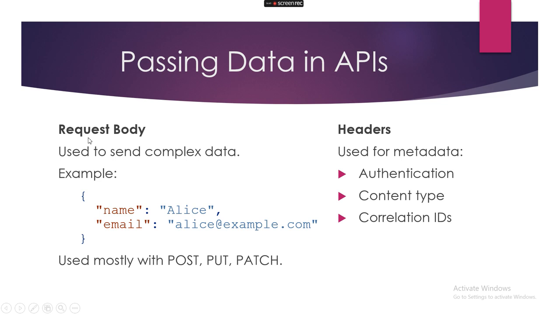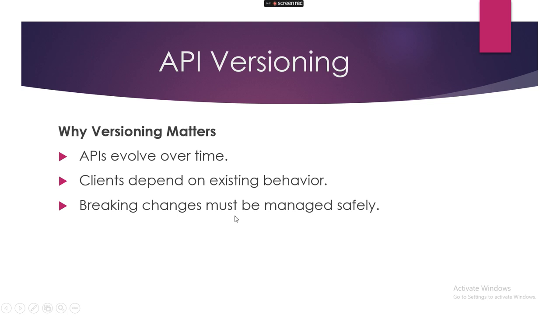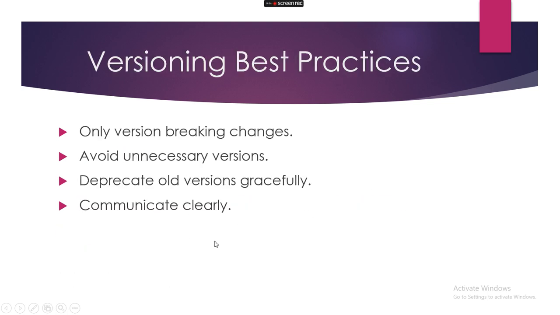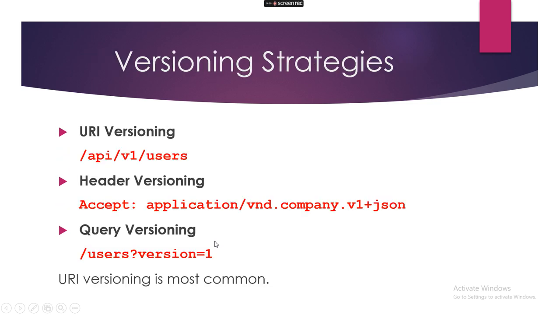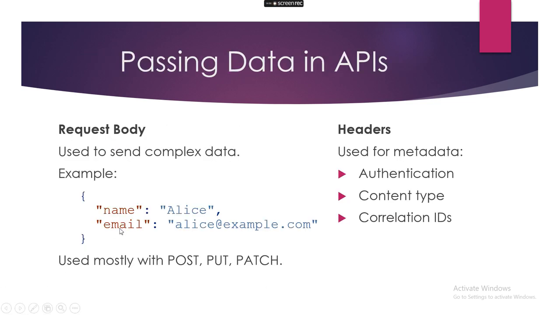So the next way of passing data to your API is called the request body, and this is mostly used with POST and PATCH. An example of a request body is in JSON format.